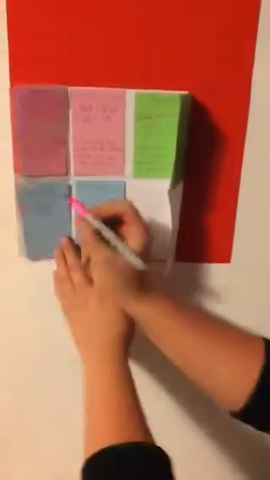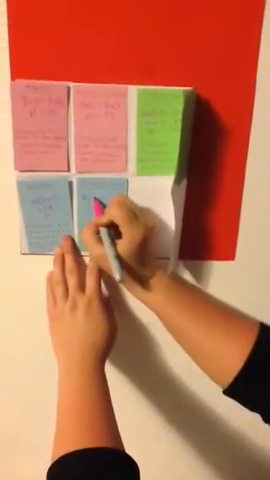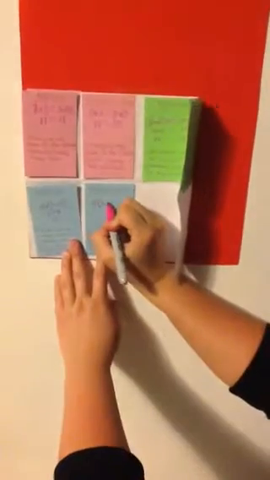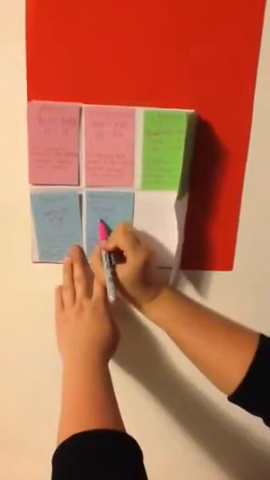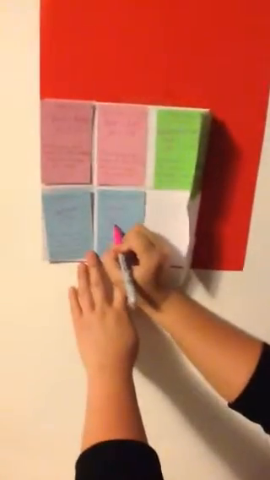So, it's just like what we did before, but 5 times 3 times 3. 3 times 3 is 9, times 5 is, does anyone know? 45. Very good.